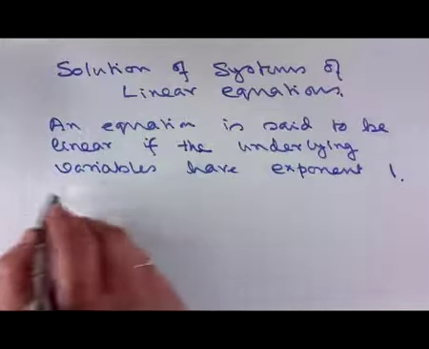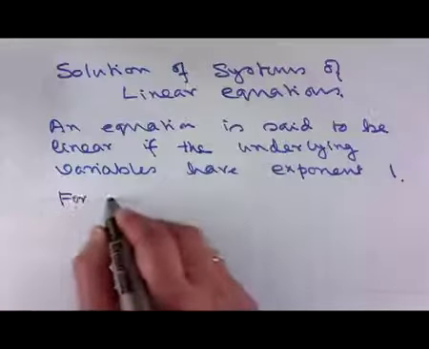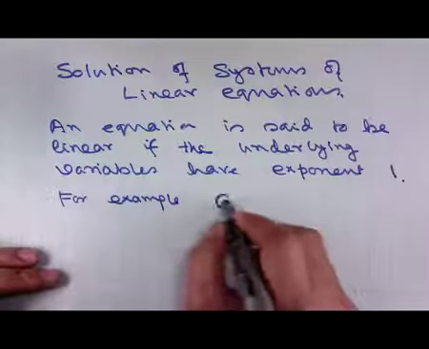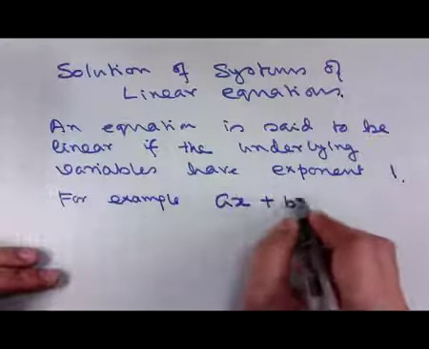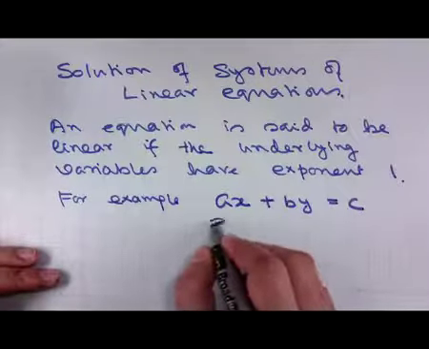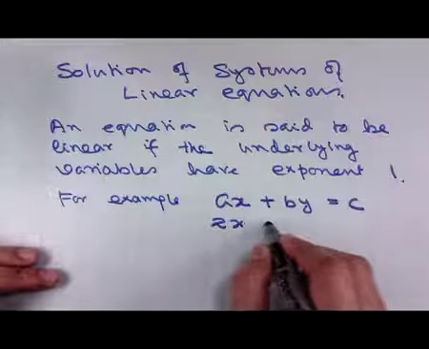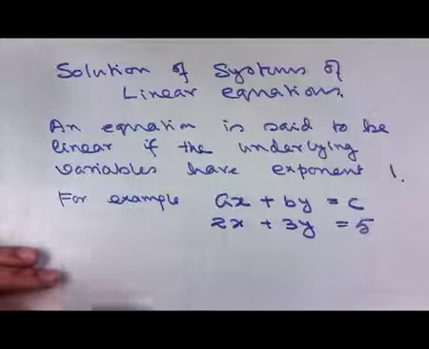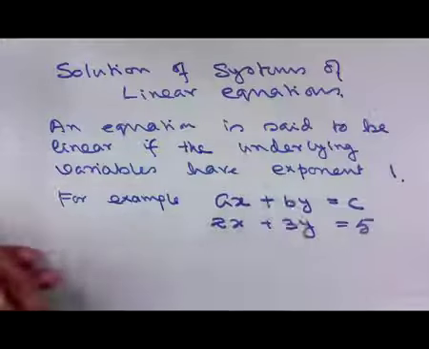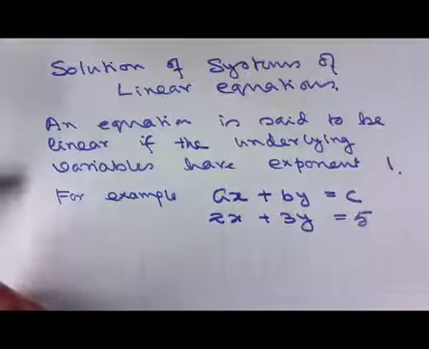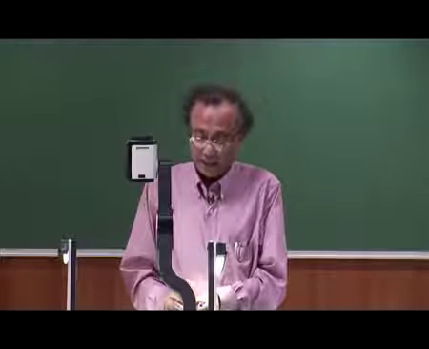For example, x plus y is equal to c, or say 2x plus 3y is equal to 5. The underlying variables here are x and y, and since all of them have exponent equal to 1, these are linear equations.